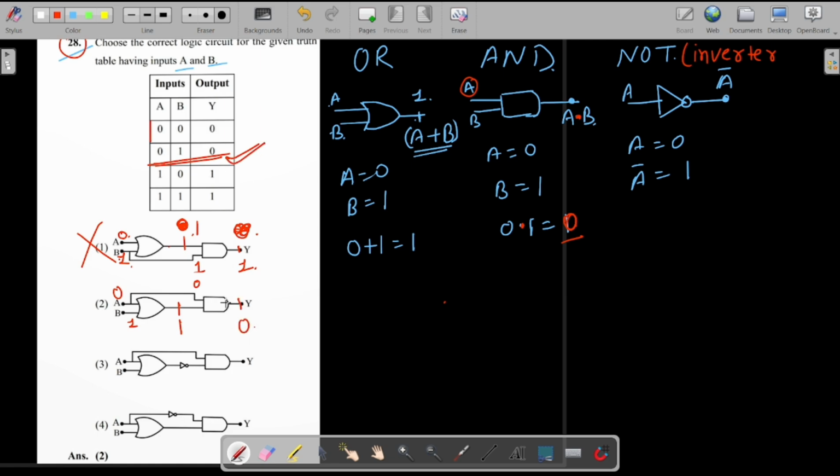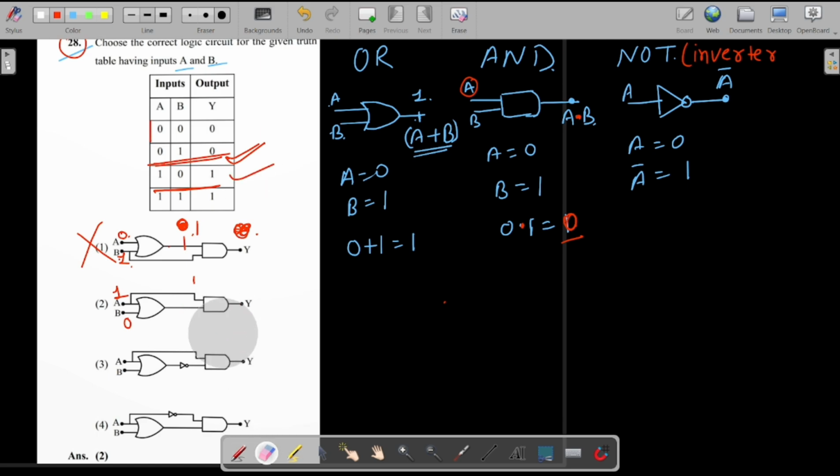Yes. Now the next row: A is 1 and B is 0. The OR gate gives 1 plus 0 is 1, and the AND gate gives 1 into 1 is 1. Yes.